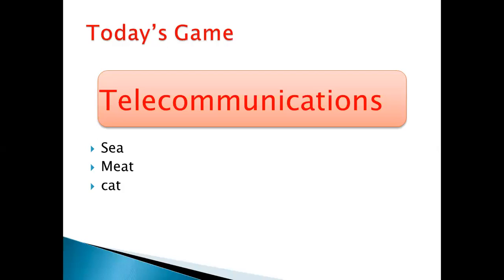Another example: if we take the letter M with E, with A, and T, it will be meat. The last one: C, A, T. So you choose letters from this word and put them together to form as many words as you can.